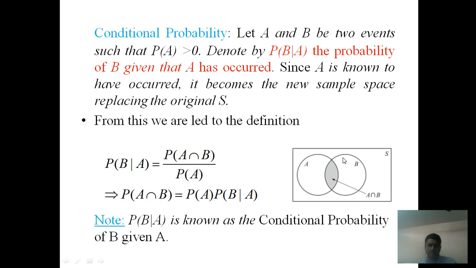Now see this Venn diagram. From this we write down the definition of conditional probability.